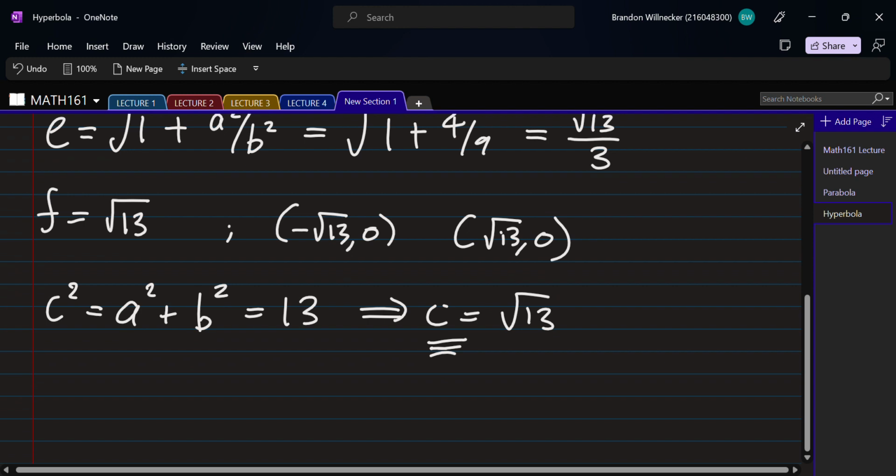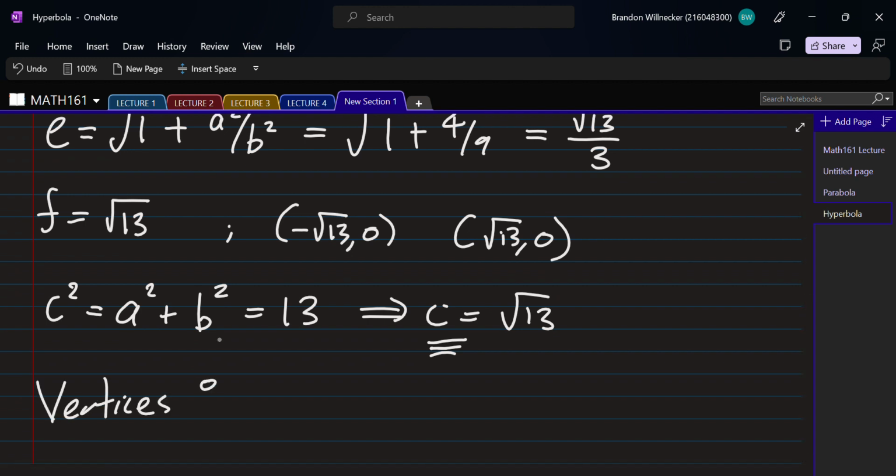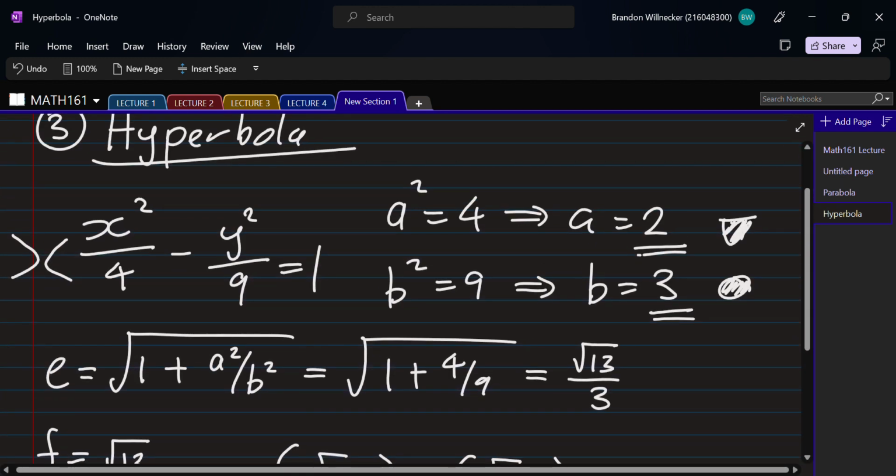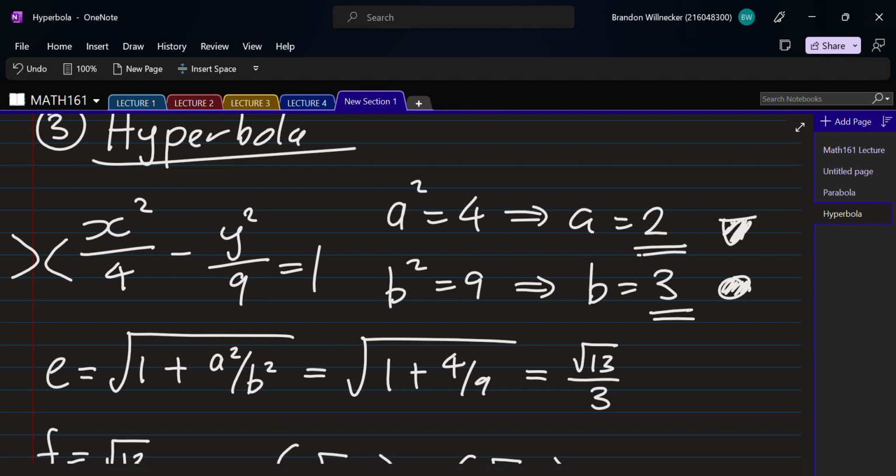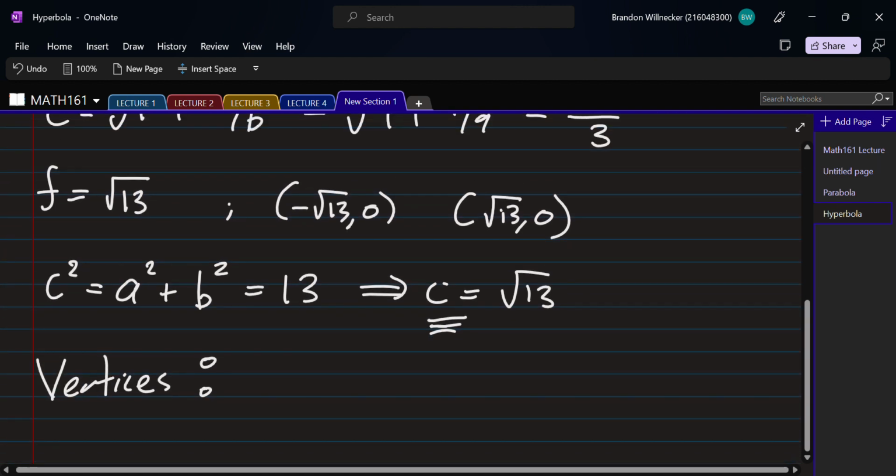Okay, and then the vertices. Again, pretty easy to do. Since we know it's a horizontally oriented hyperbola, we look at the a squared value, which is 4. That gives us a is 2. So we know that the vertices will be at (-2, 0) and (2, 0).